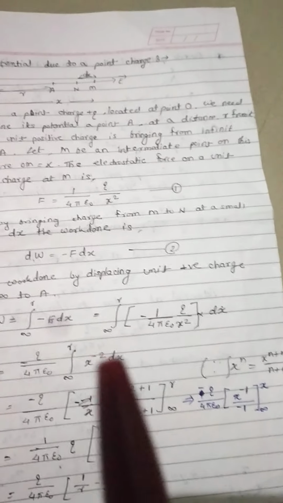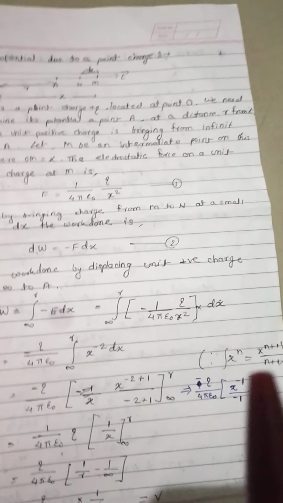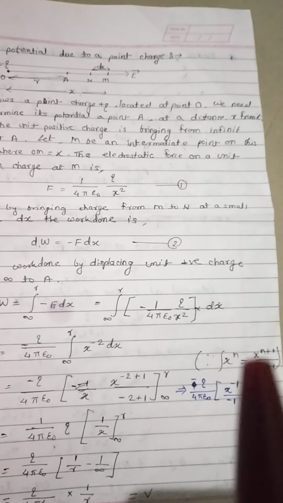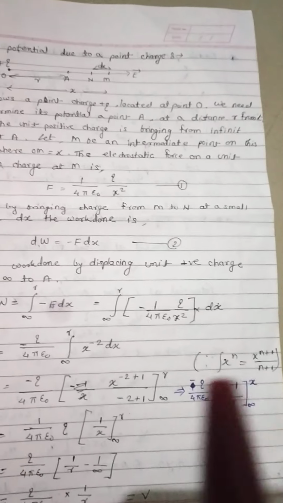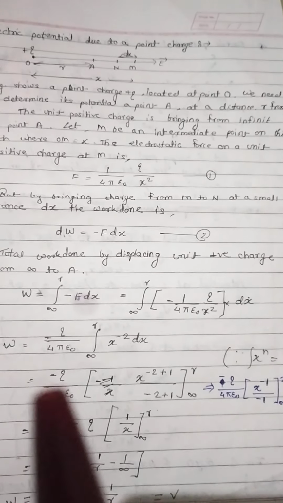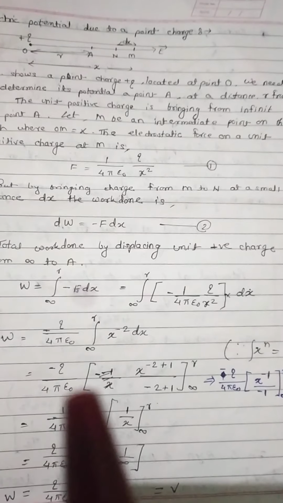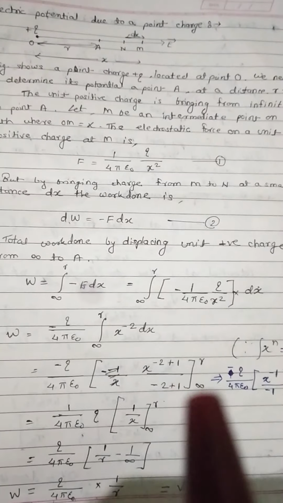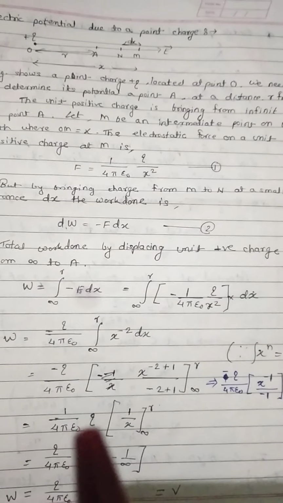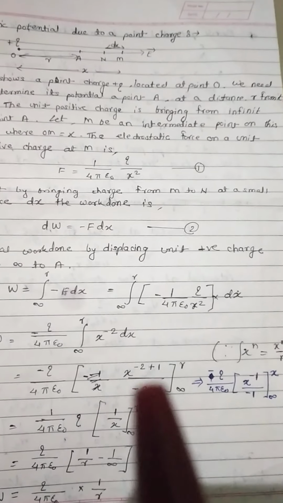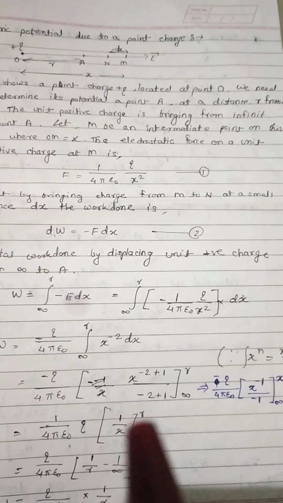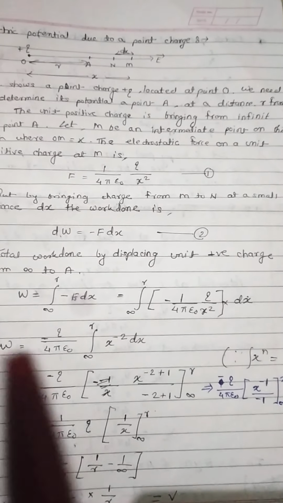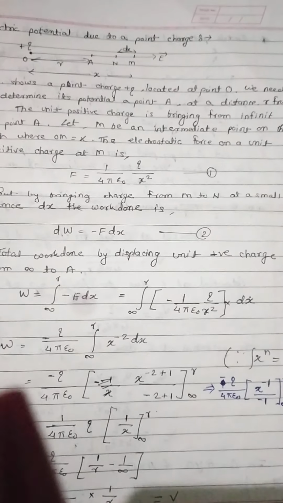Using the integration formula, integral of x^n is x^(n+1) upon n plus 1, we get minus Q upon 4 pi epsilon naught, x raised to minus 2 plus 1 upon minus 2 plus 1, from infinity to R. Minus 2 plus 1 gives minus 1, and the two minus signs give plus.